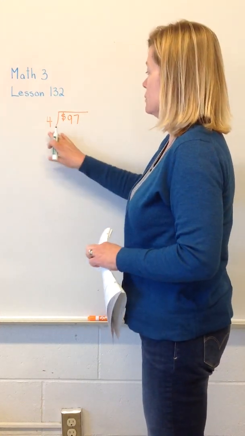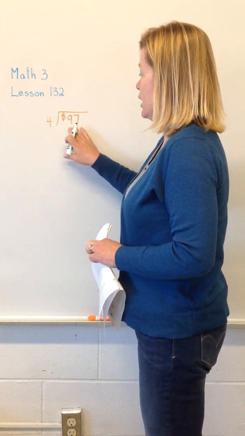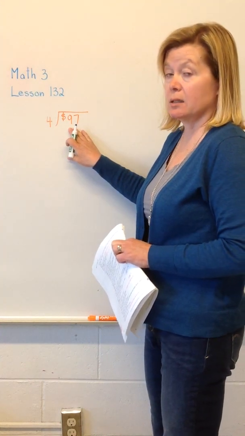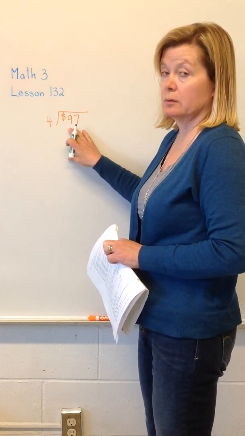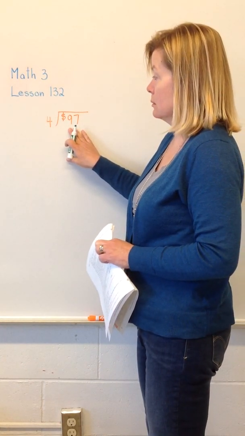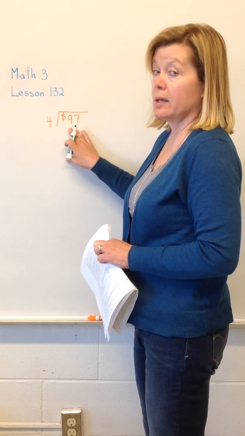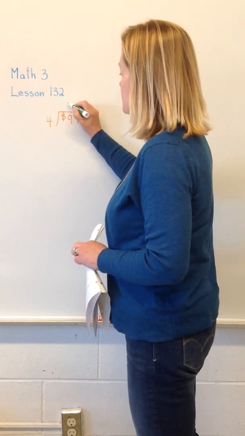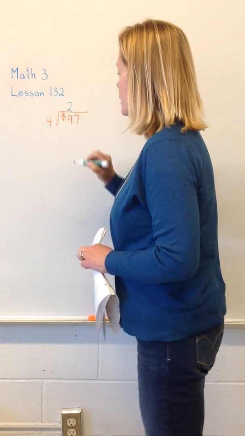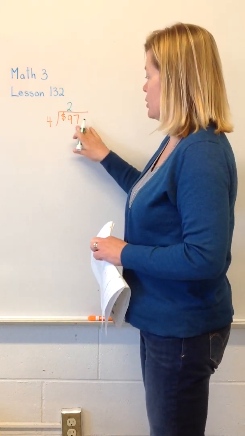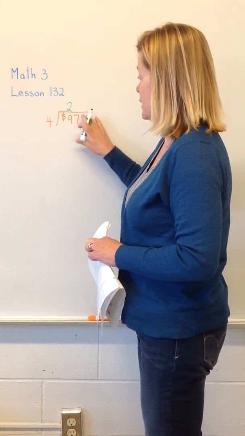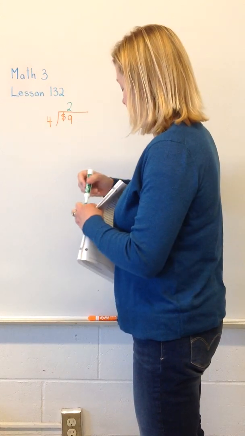All right. How many of the 9 tens can each person have? They may have 2. And I did not do a very good job of making sure that my 7 was far away, so let me just fix that.